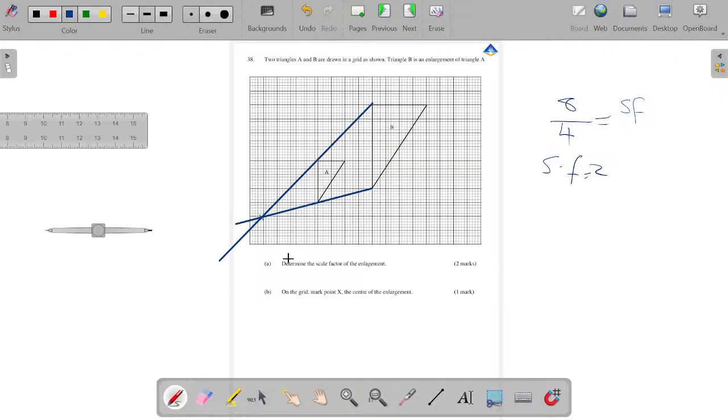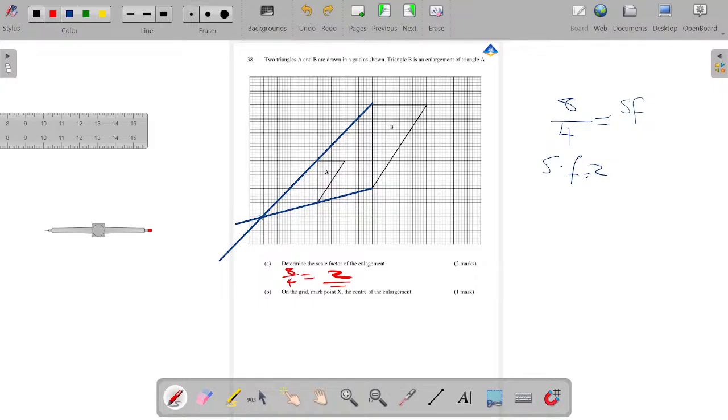So determining the scale factor, this is 8 over 4, which is equal to 2. The scale factor in that case is 2.